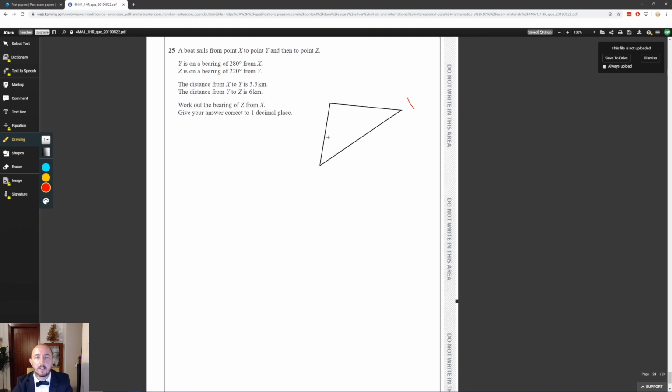So we're going to go from X to Y to Z. This angle in here is 280 degrees. This angle from here down to here is 220 degrees. And we need to find out this angle here, just to that point there. The extra information that we have is a 3.5 and a 6.